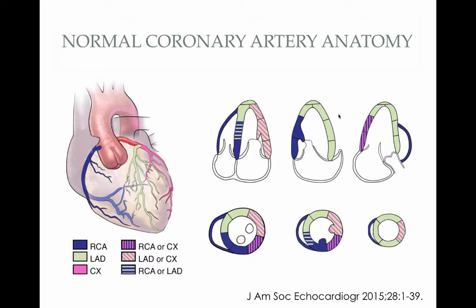So this is important because we can then say what coronary artery is most likely the cause. In the adult world, this is really important because we see a lot of patients with coronary artery disease, and then most likely which coronary artery is blocked.